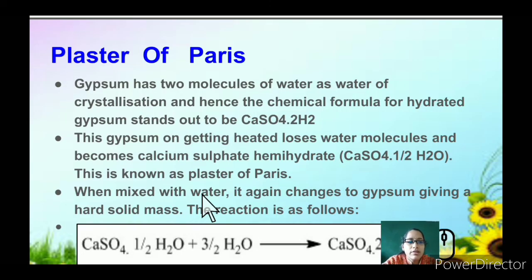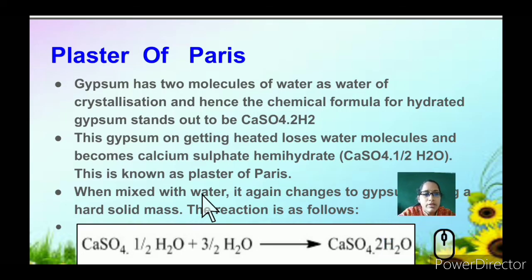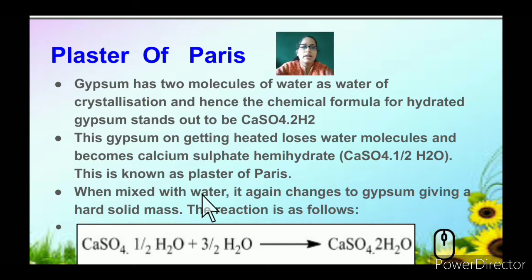So plaster of Paris. Next we will learn about plaster of Paris. Plaster of Paris is formed from gypsum. So gypsum has 2 molecules of water. One molecule of water is H2O, so in the same way, 2 H2O molecules form 2 molecules of water as water of crystallization.